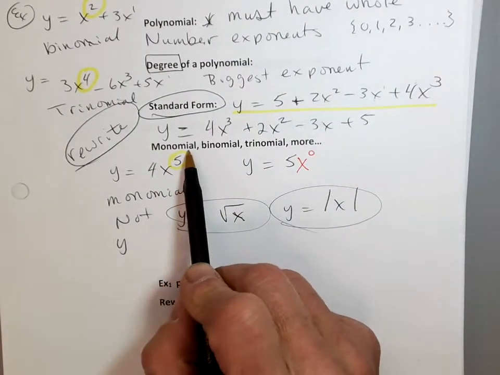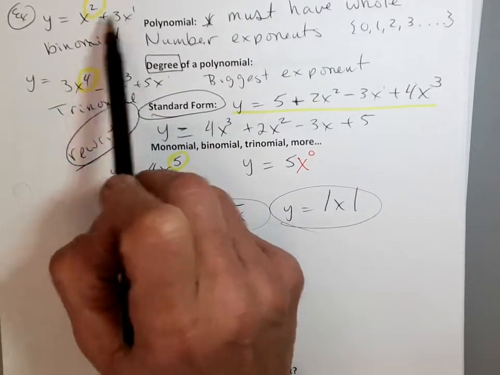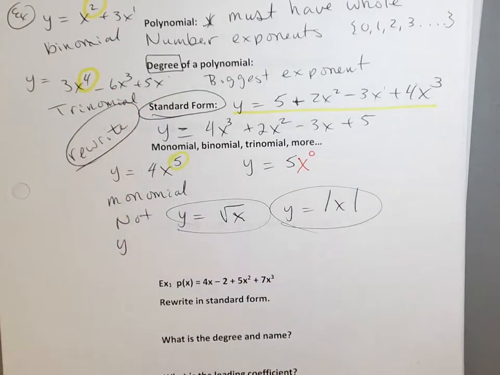Not too hard, right? Monomial, one term, like this example. Binomial, two terms, like this one. Trinomial, 1, 2, 3 terms, right? That's a trinomial. Now, if it's more than 3, like 4, 5, 6, we don't keep naming them. We're not going to say quadnomial, pentanomial, hexanomial, septinomial, octanomial. No, we don't do that.